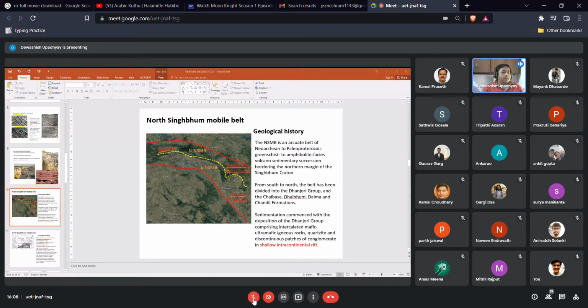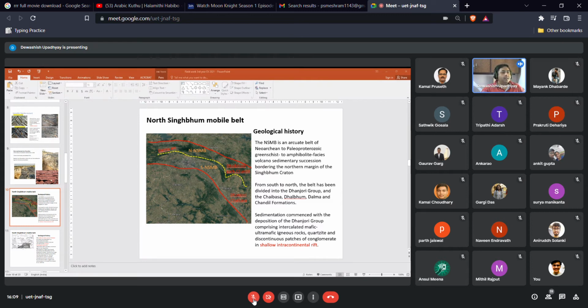Most of this part of the continental crust, the part that we call the craton, was created in that time period, and since then it has not undergone any significant deformation, remelting, or what we call crustal reworking.